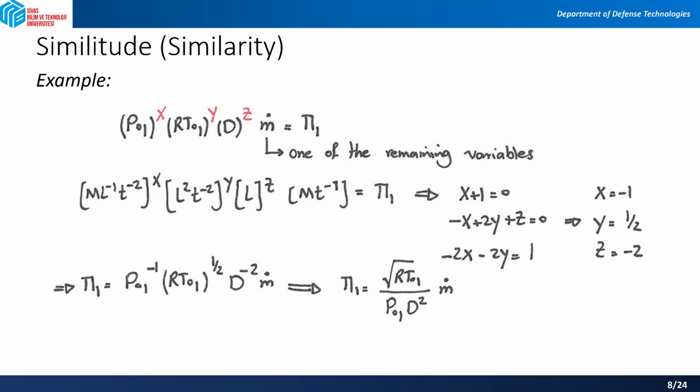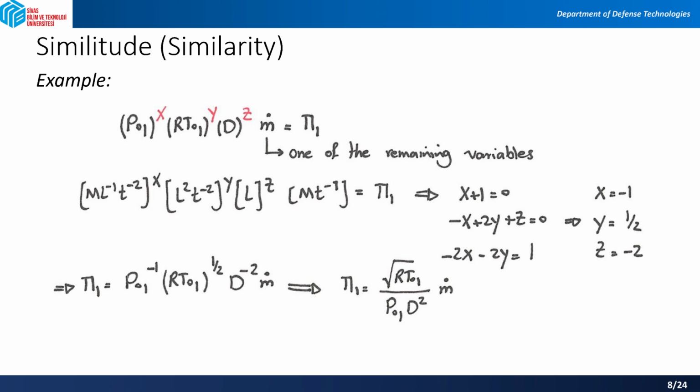You have mass flow rate, whose unit is M T to the minus 1. So this is equal to pi 1. It means that if you just take the powers of x, y, and z, you will find these values for each of them.